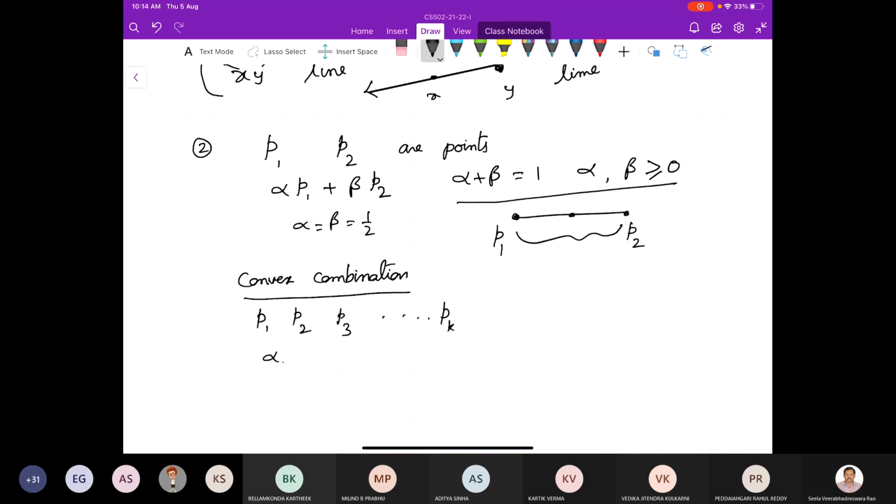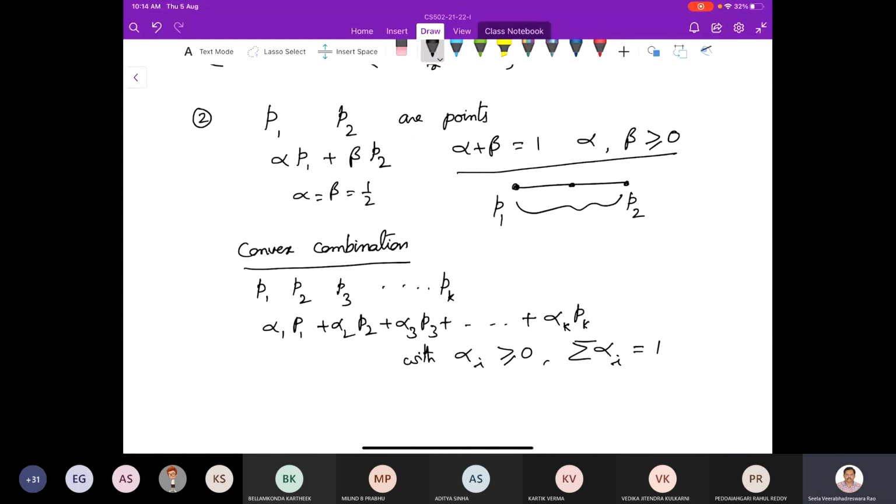Then alpha 1 P1 plus alpha 2 P2 and so on, with the condition that alpha i is greater than or equal to 0 for all i, and the sum of all the alpha i's equals 1. Then we call this a convex combination of these points.